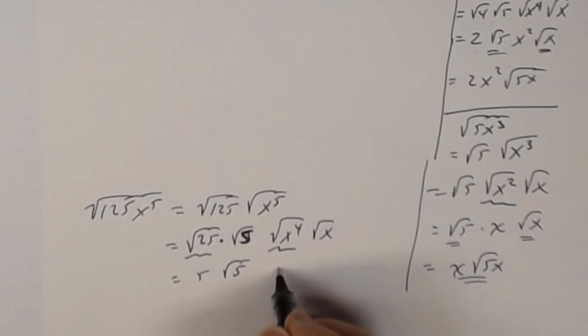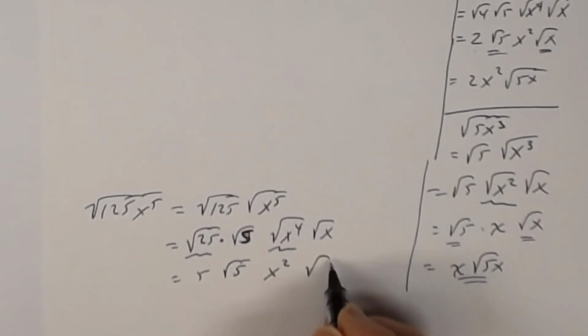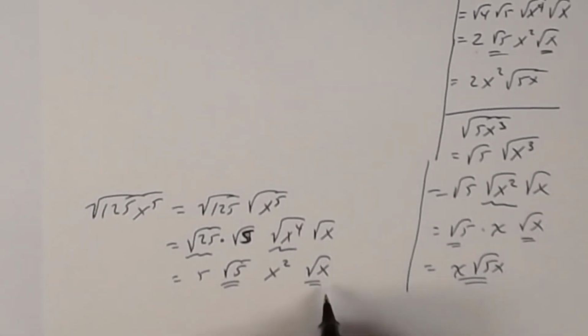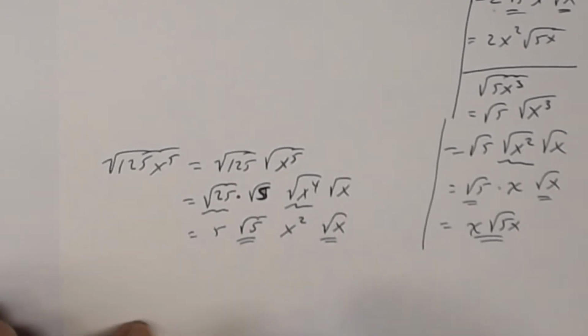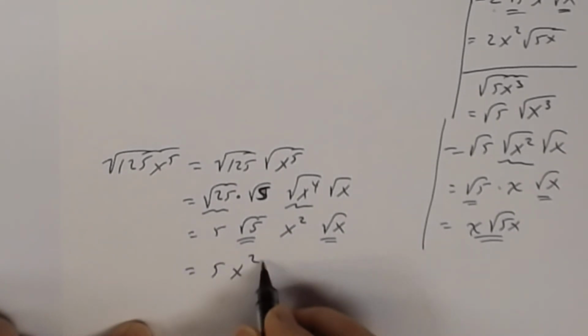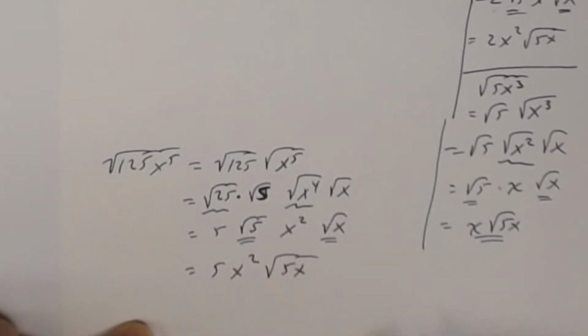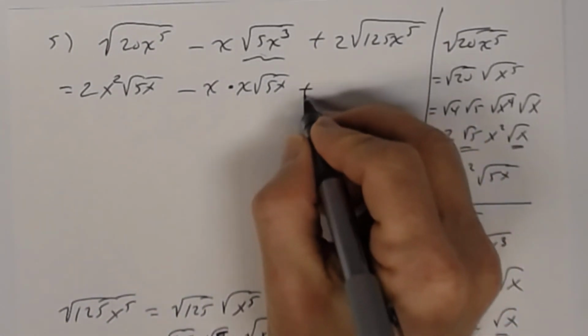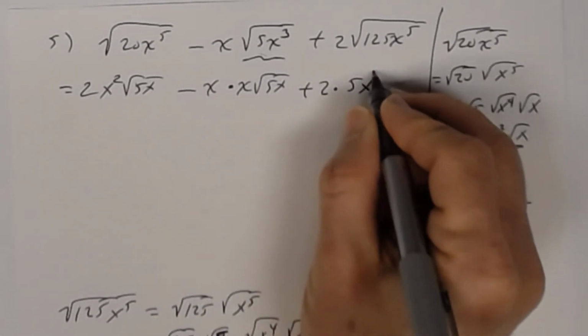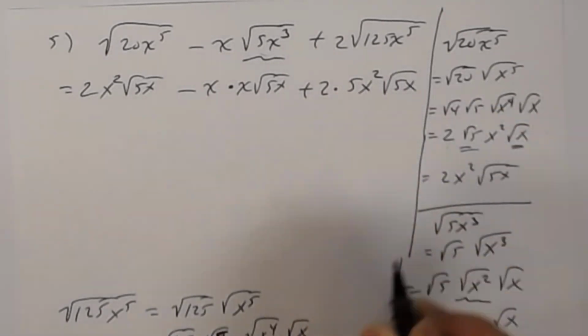So I know this will be x squared because x squared times x squared is x to the fourth. And I cannot simplify the square root of x. But I do know I can rewrite this as 1 square root and put the other factors in front. So I get 5x squared square root of 5x. So that part here is this. So it becomes plus 2 times 5x squared square root of 5x.